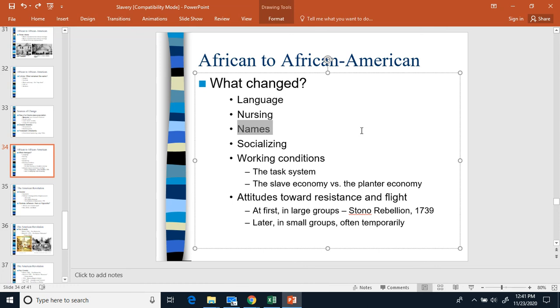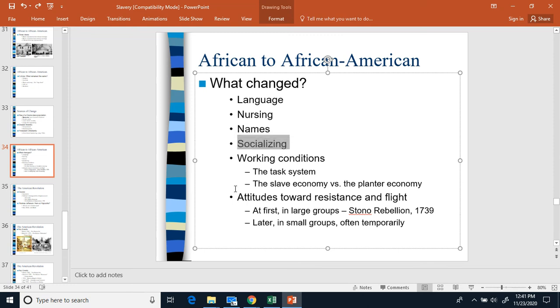So the British have their names, Michael, for example. And then for Spanish, there are names like Jose. In France, you might have Michel, which would be like Michael. And then in Portuguese, very similar, but you would have something more like João, for example. So a little bit different.